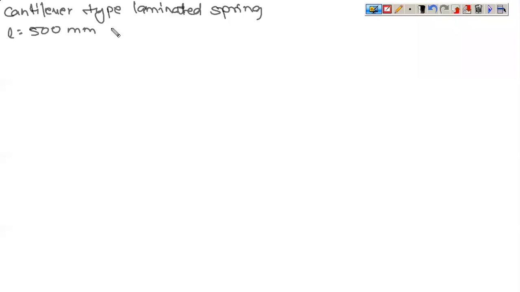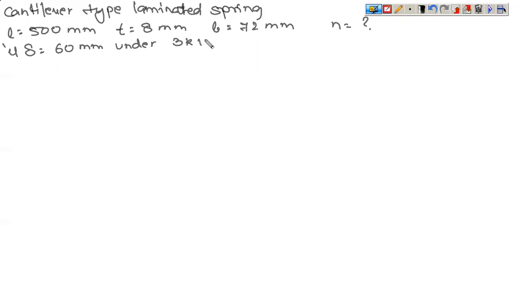If each leaf is 8 mm thick, so T is 8 mm, and 72 mm wide, find the number of leaves. So N you have to find out, so that the spring deflects 60 mm. If delta is 60 mm under a 3 kilonewton load, okay?